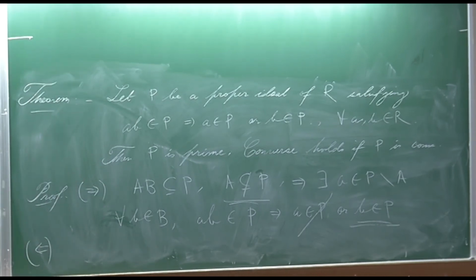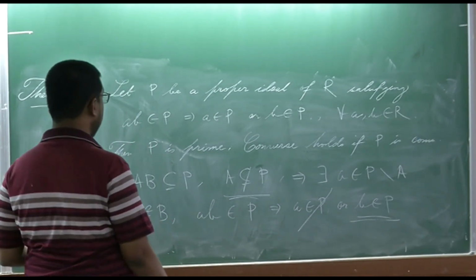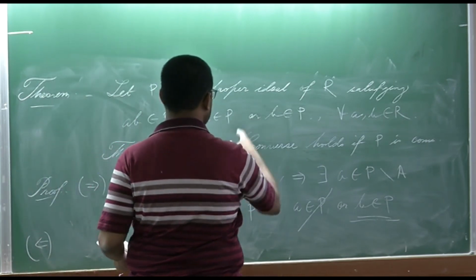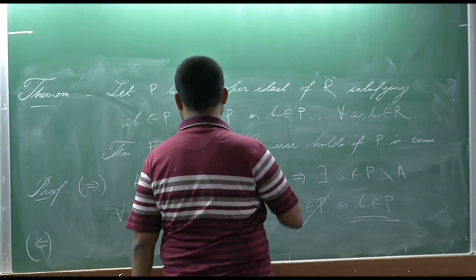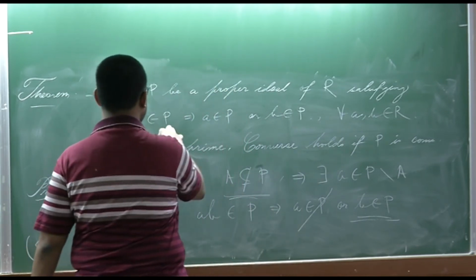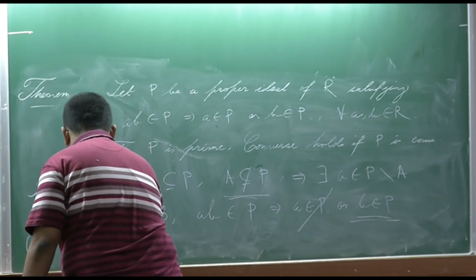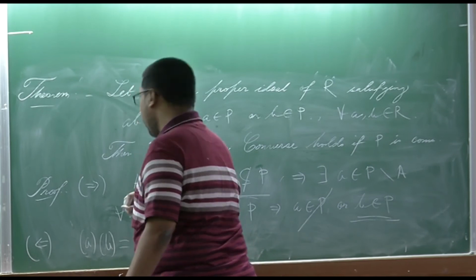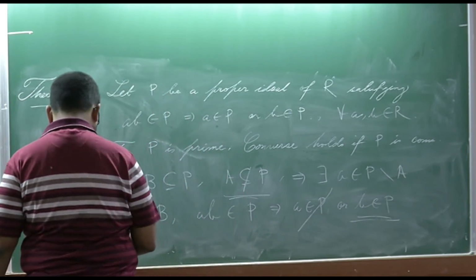Straightforward proof. For the second part, now we assume R to be commutative. We have to prove that if ab belongs to P, then a belongs to P or b belongs to P. So, the natural choice is to consider the two principal ideals generated by a and b.